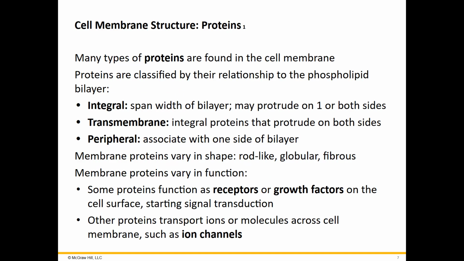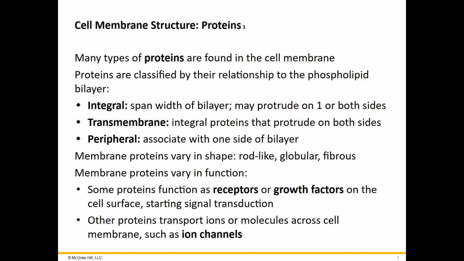Now the cell membrane also has proteins embedded in it. Proteins are classified by their relationship to the bilayer of phospholipids. If the protein spans the width of the bilayer and might even protrude on one or both sides, it's called an integral protein.